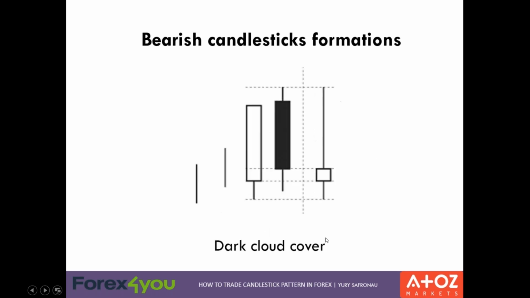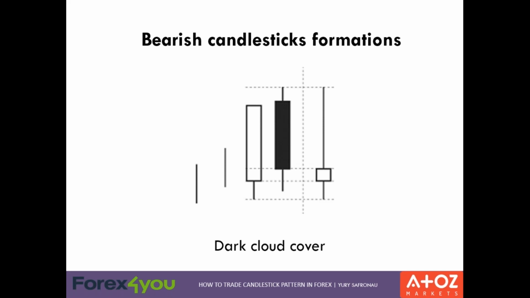Okay, the next pattern is called dark cloud cover candlestick formation. What you see here is basically a bearish candlestick formation. We jumped from the bullish one to a bearish one. So the dark cloud cover is a reversal candlestick pattern whereby a black candlestick opens above a white candlestick close and below its midpoint.